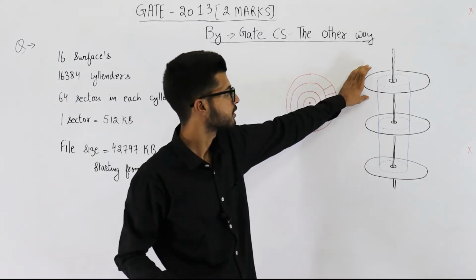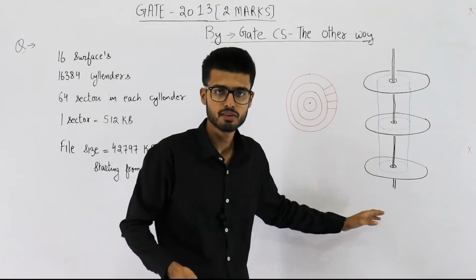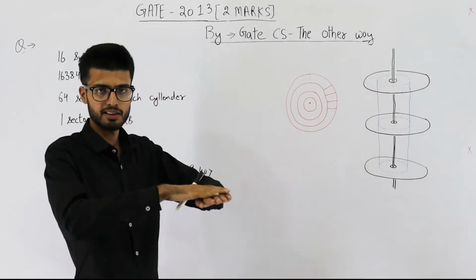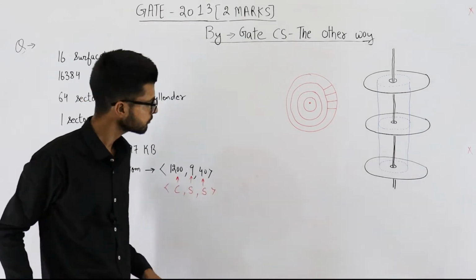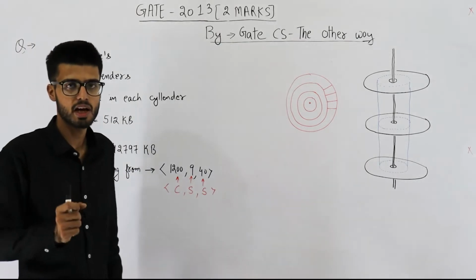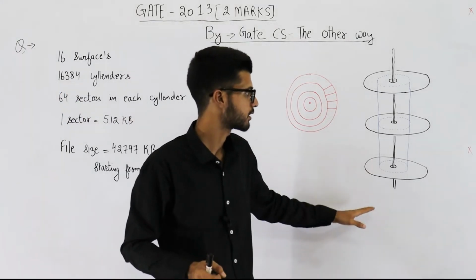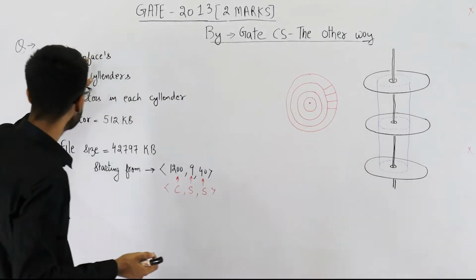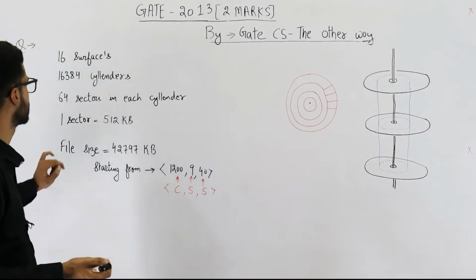Like this, you can see this is one platter, this is another, so on. Each platter has two surfaces, this surface and this surface. So 16 surfaces means probably we have 8 platters. On both the sides, we are recording data. In total, there are 16 surfaces.